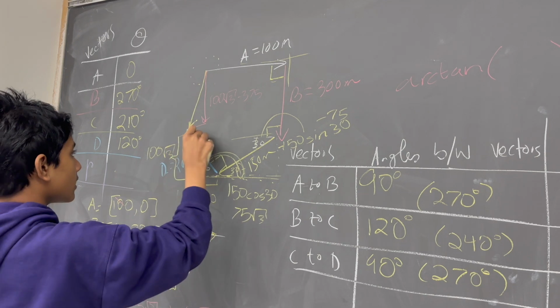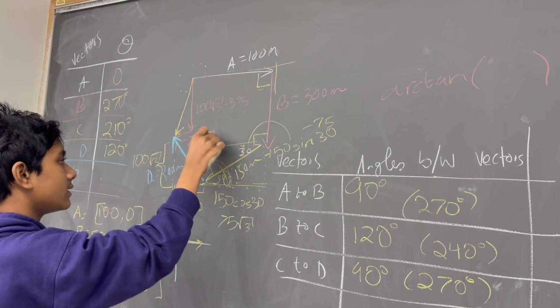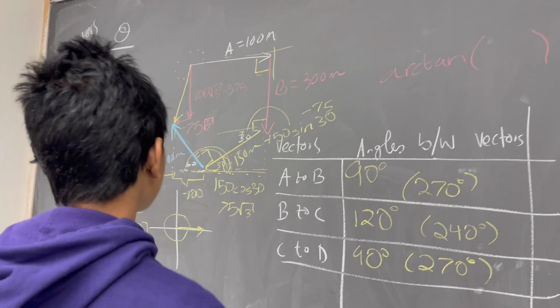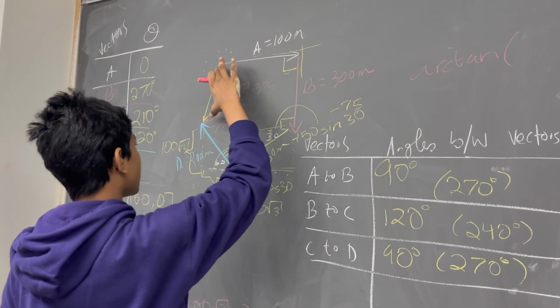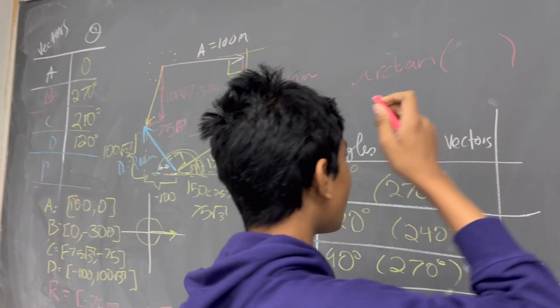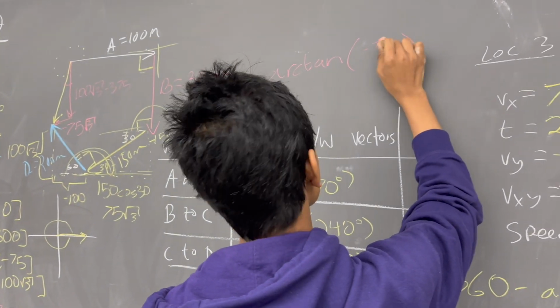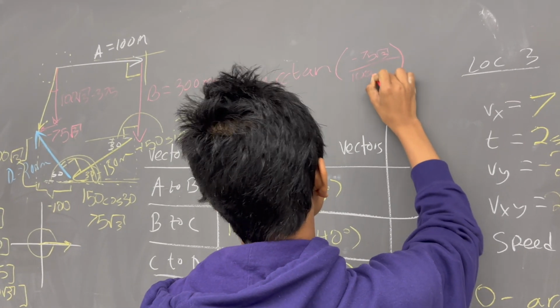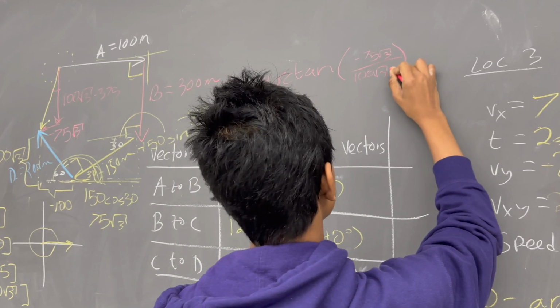Okay, negative 75 root 3. So to find arctan, all we have to do is take the opposite, which is negative 75 root 3, and divide it by the adjacent, which is 100 root 3 minus 375.